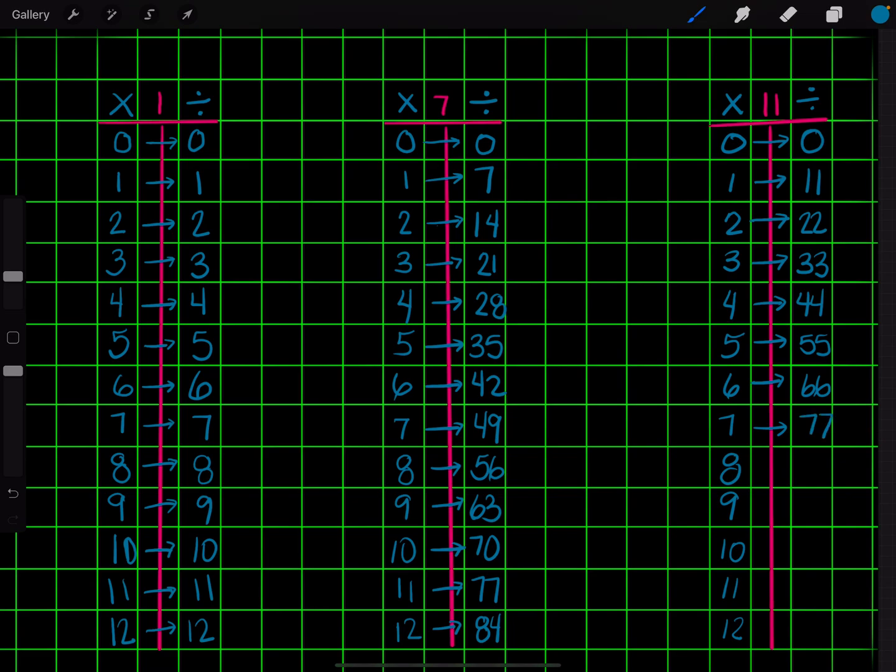I wonder if you're seeing a pattern. 8 groups of 11 is 88. 9 groups of 11 is 99.